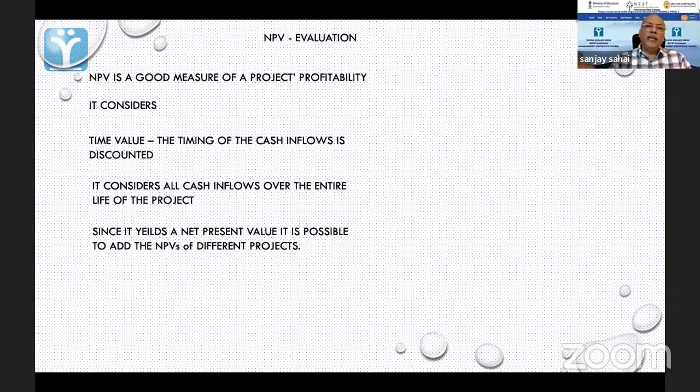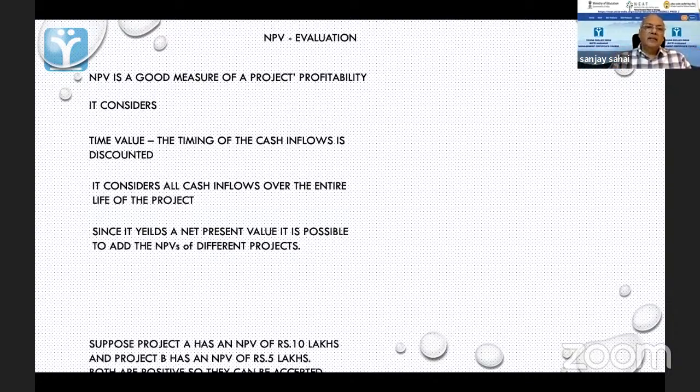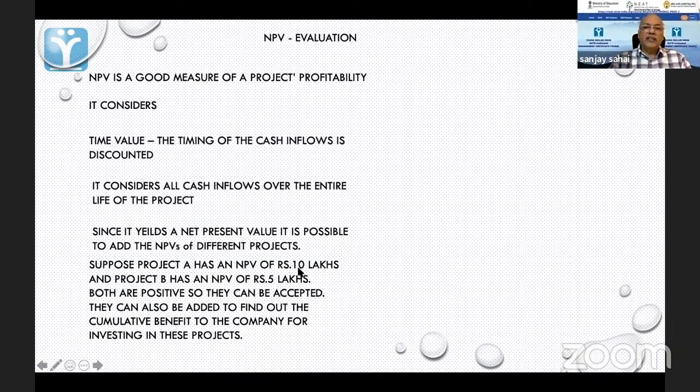Suppose project A has an NPV of 10 lakhs, project B has an NPV of 5 lakhs, both are positive, so they can be accepted. They can also be added to find out the cumulative benefit to the company for investing in these projects.